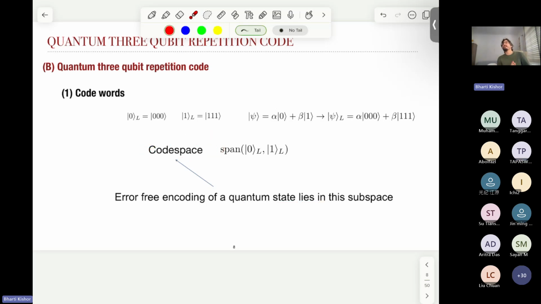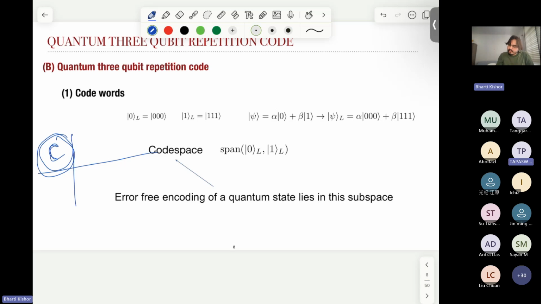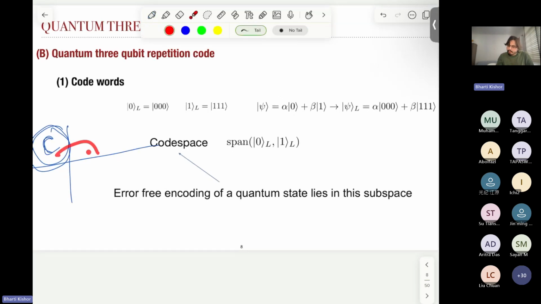So you can think that what error correction does is it takes your information and encodes it into a larger Hilbert space, but only a small part of that larger Hilbert space. Let's say there is some subspace of the Hilbert space which we will call the code space. The errors take you outside this code space.